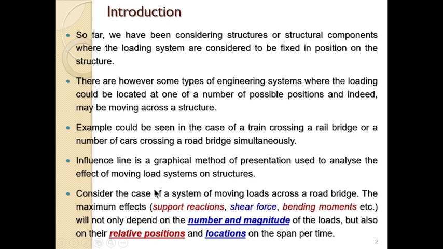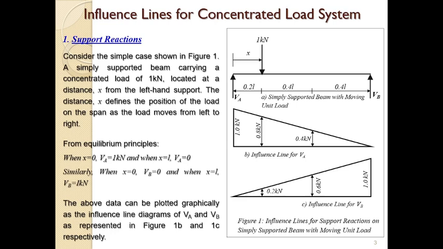The maximum effect, that could be the support reaction, shear force, bending moment, etc., will not only depend on the number and magnitude of loads, but will also depend on their relative positions and locations on the span. So in analyzing such moving loads, we need the method of influence line.